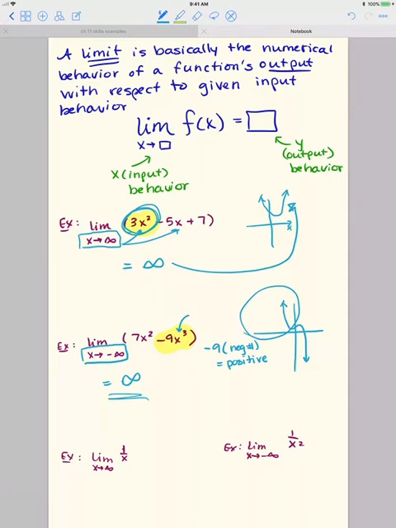The next two have to deal with rational functions, like 1 over x squared. So we want to look at this example that says, find the limit as x approaches infinity of 1 over x. So that's going to take us to 1 divided by a number that's just going to keep getting larger and larger.